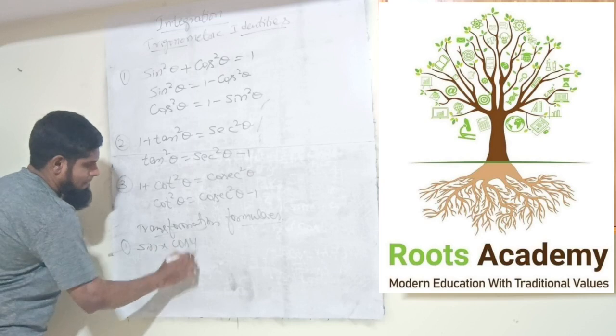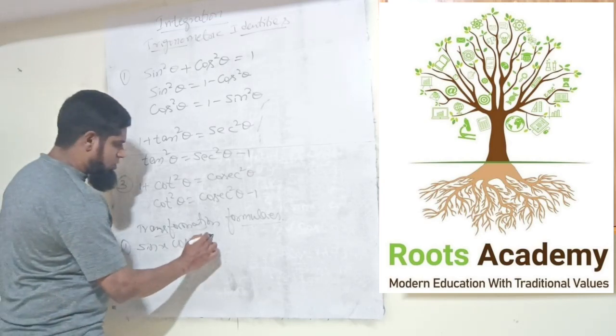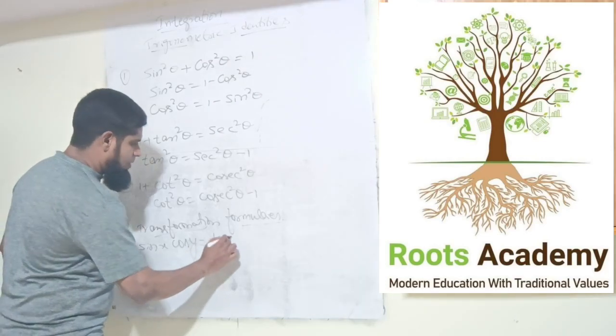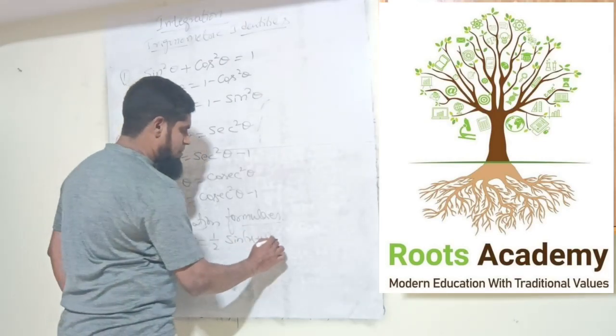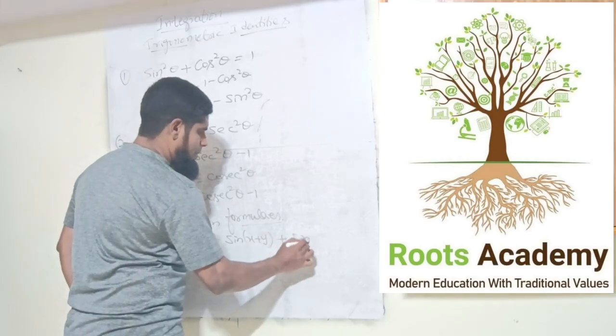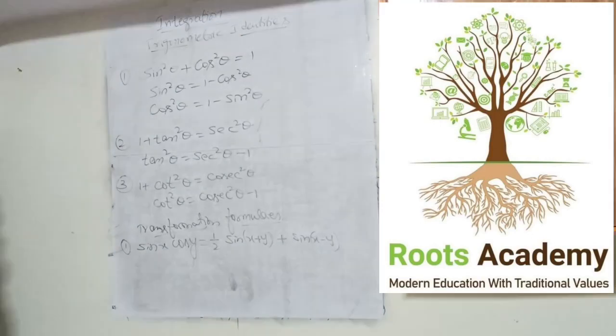sin x cos y is equal to 1 by 2 times sin of x plus y plus sin of x minus y.